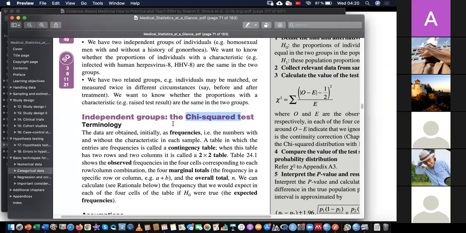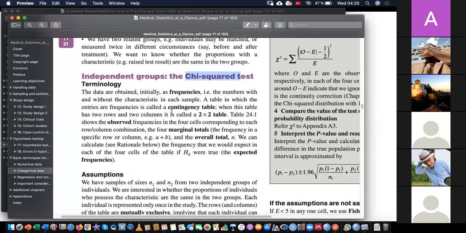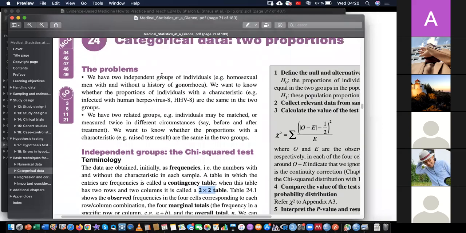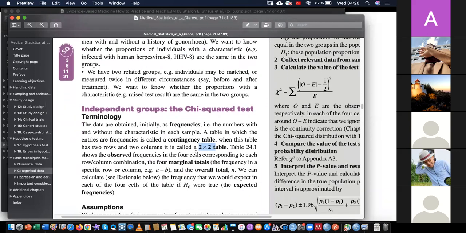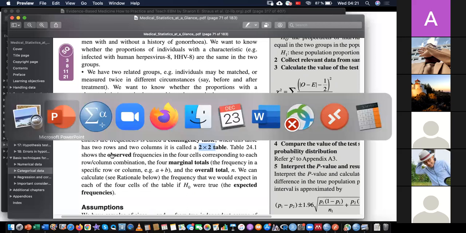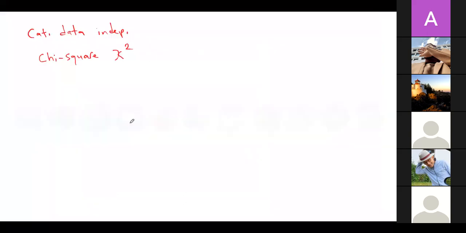For this chi-square test, you have the contingency tables, like a 2 by 2 table, because if you have categorical two proportions, you will have a 2 by 2 table, but it can be more than 2 by 2. These are the contingency tables or cross tabulations. So the classical tables are these here, cross tables.